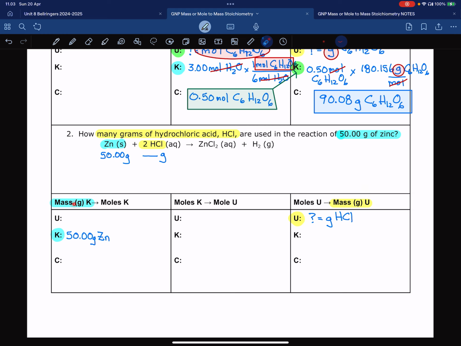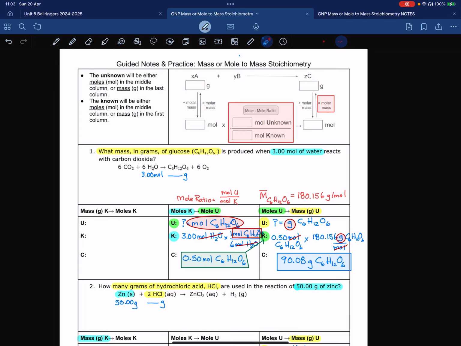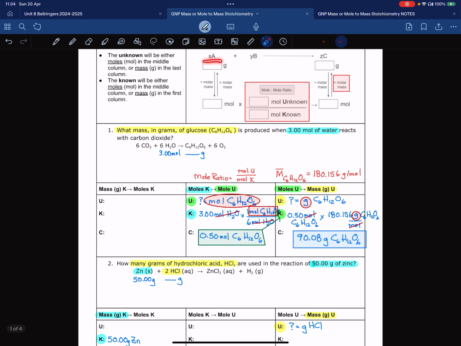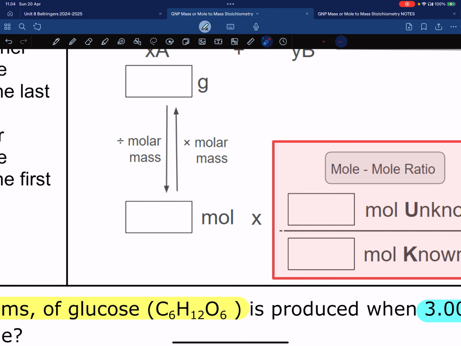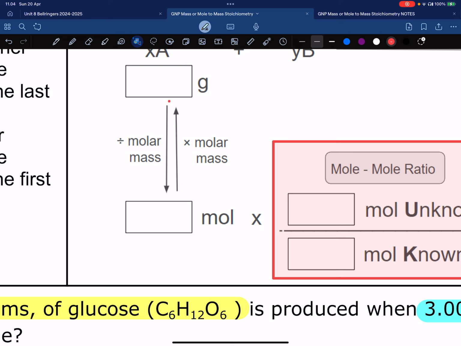So we're taking the mass, we're changing it to moles. If you look in the diagram up here, we have mass, we're changing it to moles. Now if you zoom in on that, you're going to see that the way that you do that is you divide by the molar mass, right?